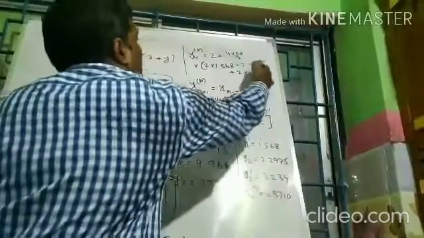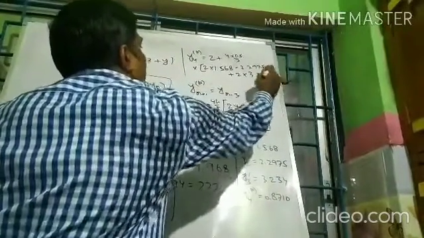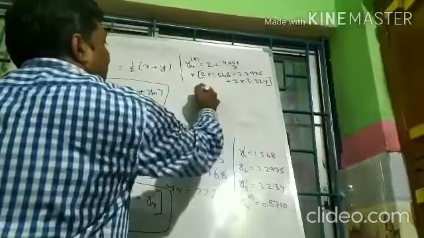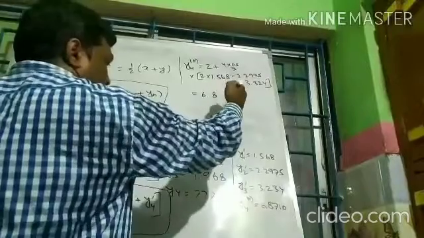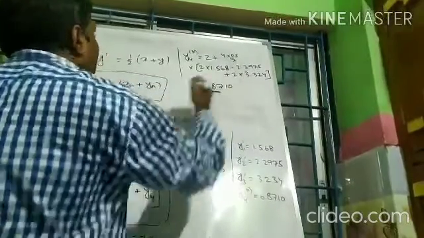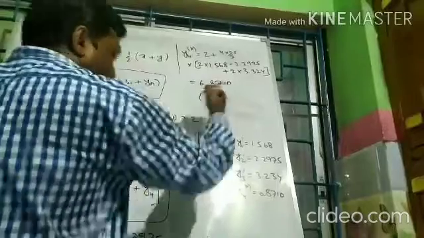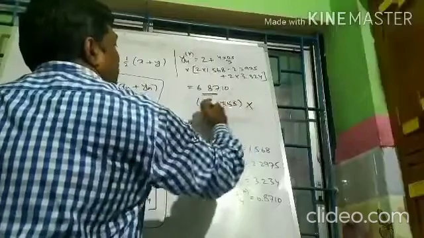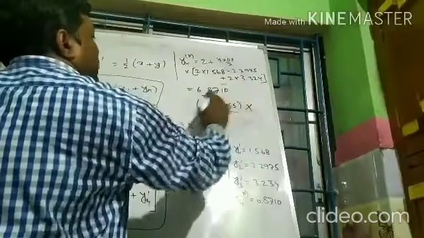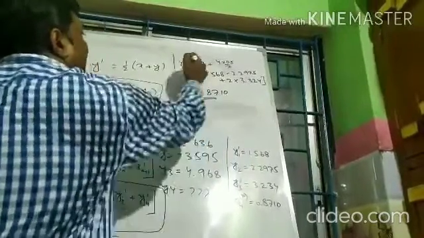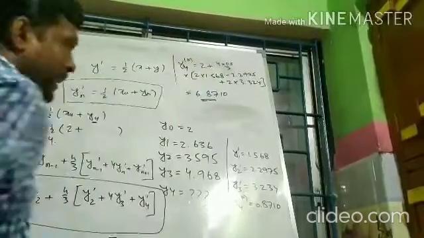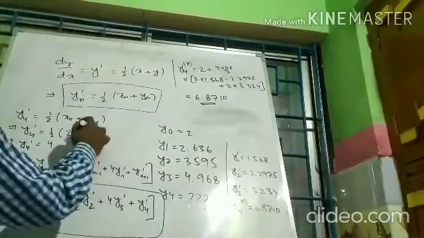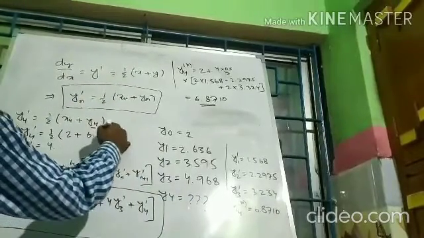Okay, and simplify. This is 6.8710. This is actually 6.8710, not 4.4355. That was wrong.